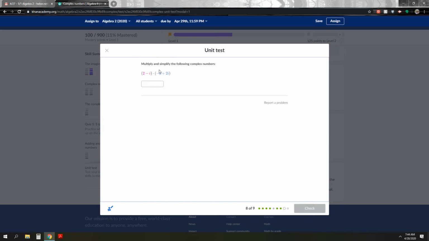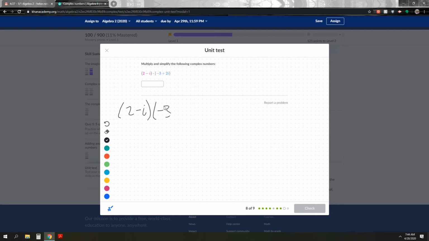We're going to multiply. This doesn't look too bad. We did problems just like this in class already. -3 plus 2i. 2 times -3 is -6. 2 times 2i is 4i. -i times 3 is plus 3i. -i times 2i is minus 2i squared.